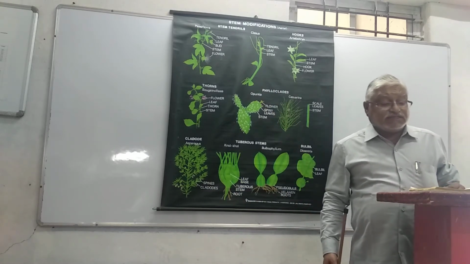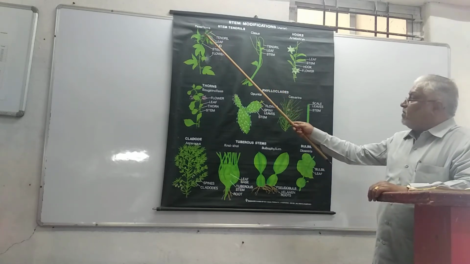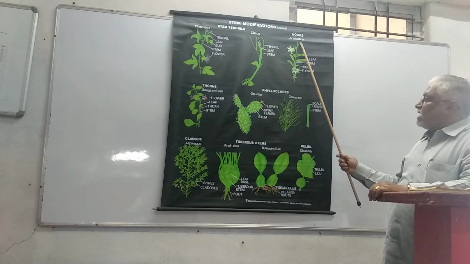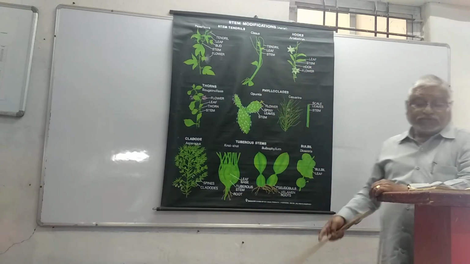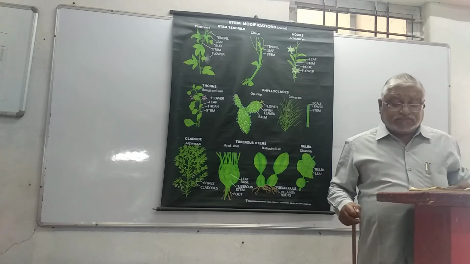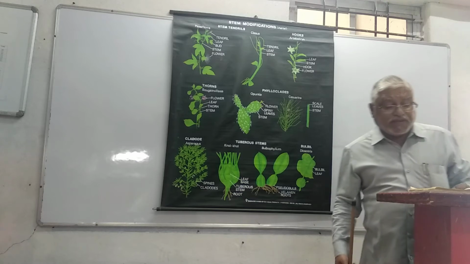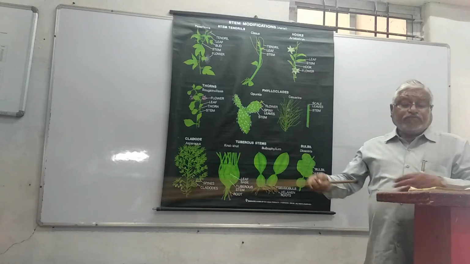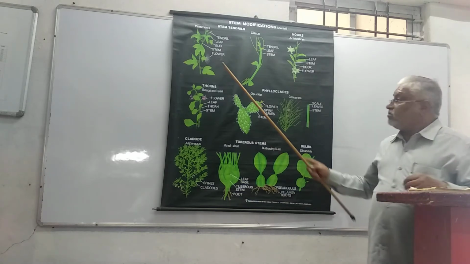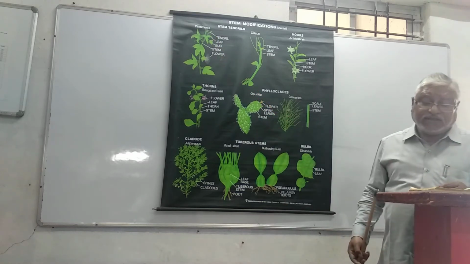First one is stem tendril. So stem tendrils are seen in Cissus quadrangularis, Artabotrys and so on. In plants with weak aerial stem, some axillary buds, instead of developing into branches, form a coily structure that is known as tendril.